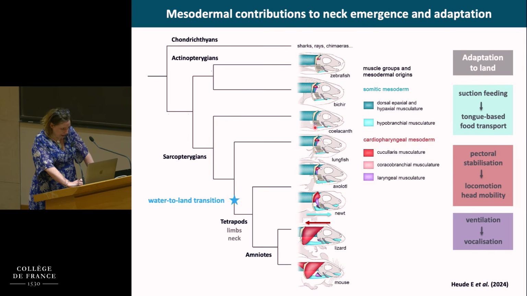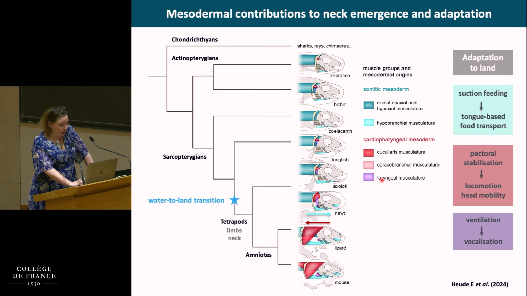So first, you can see that in tetrapods, there is the hypobranchial musculature that you can see here in light blue, expanded in the oral cavity, forming the tongue, and most likely improving food capture and food intake adapted to land.